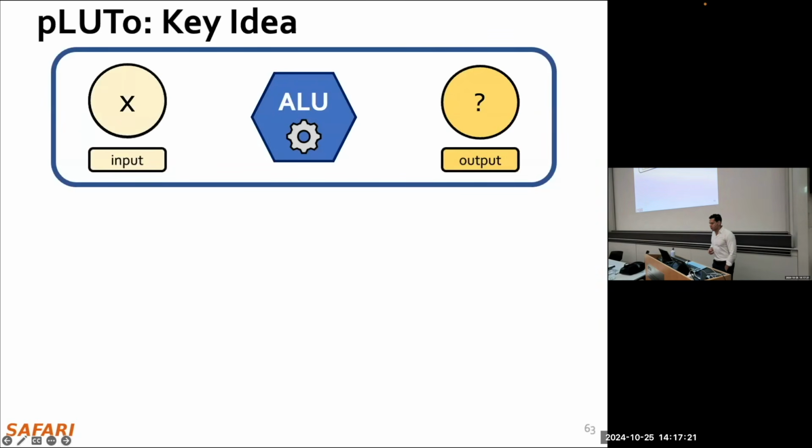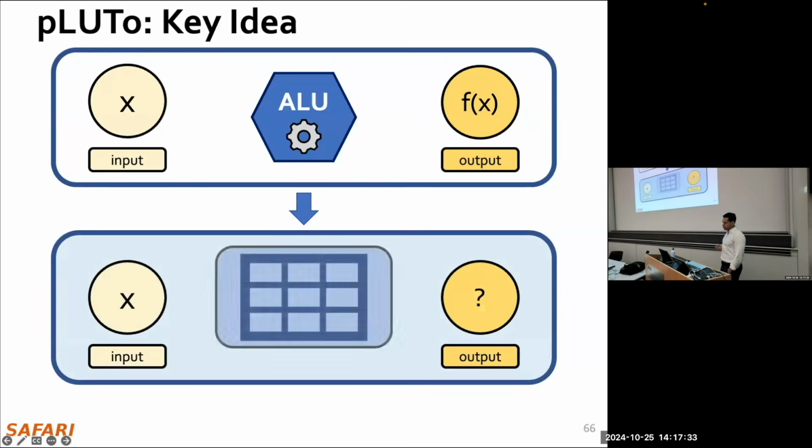So the key idea of Pluto, which is our solution for this, is a quite old idea. Instead of using arithmetic operations to do a particular computation, we pre-compute that computation and store it into a lookup table, and then we replace the operation with a memory read, basically a lookup table access, and then we have our output.